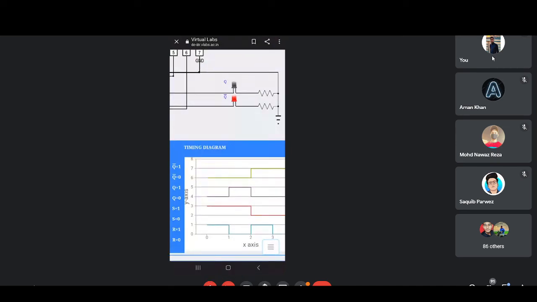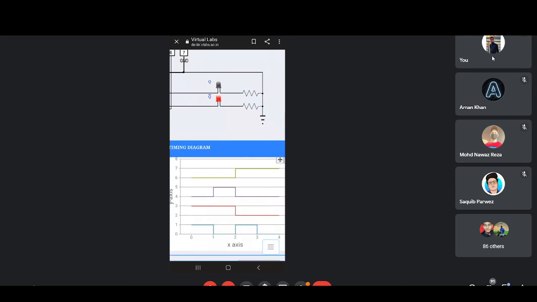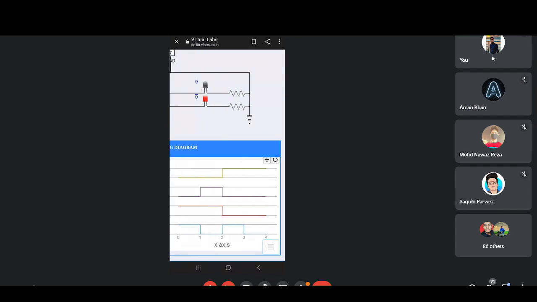Again, S is 0, R is 1, the reset state, you can get your output 0. After that we have both R and S as 0 0, so that state will remain as it is.